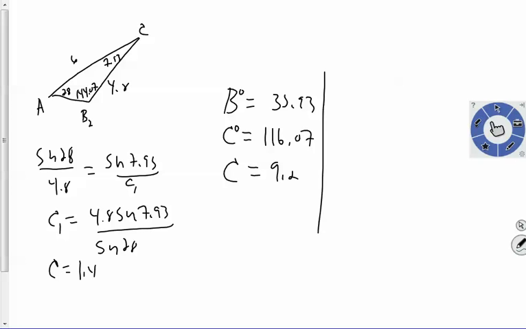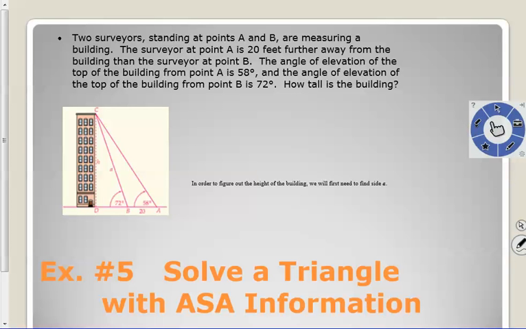But in the other one, the other possible angle is 144.07, and then the other angle is 7.93 degrees, and the other length is 1.4. So you have to be mindful of that. So what we're going to do in class next day, we'll be looking at a problem like this with the surveyors, if that makes sense. Make sure we cover all of that.